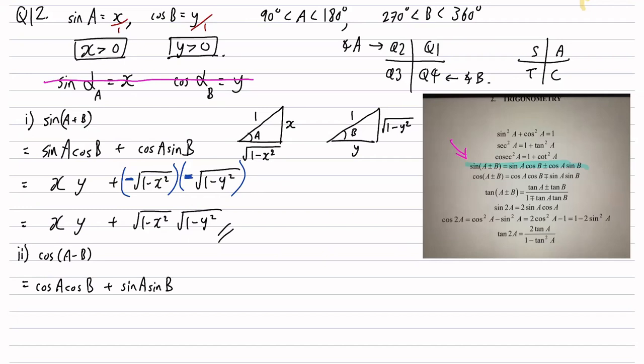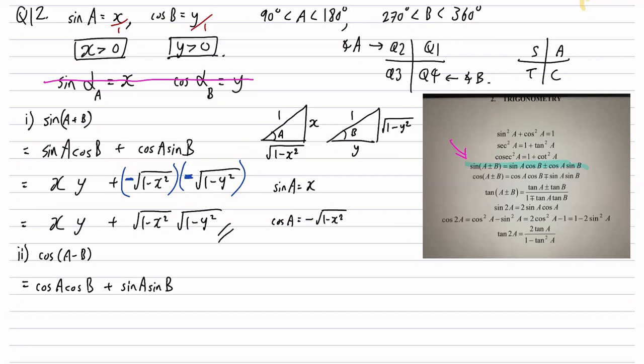Now, maybe it will be easier if we just list out all the sine A and cosine A at the side first. Okay, let's just do that. So sine A equals x. How about cosine A? Cosine A is negative of square root 1 minus x squared. The negative is because it's in quadrant 2.